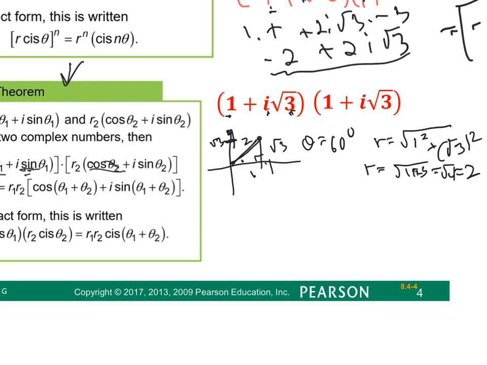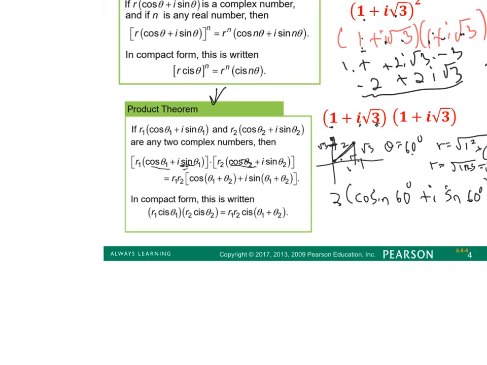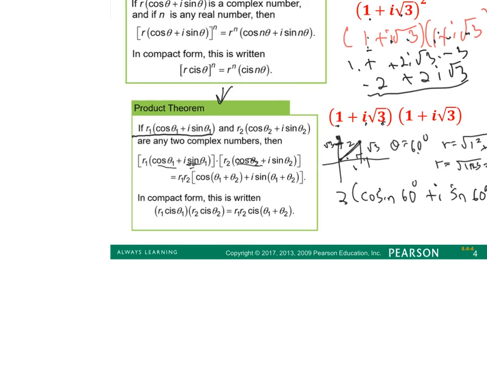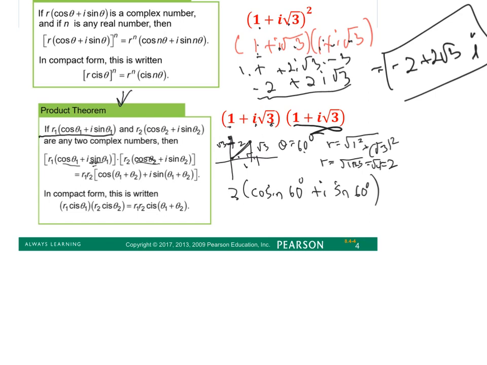My r is 2 times cosine of 60 degrees, and we should be doing radians as often as we can, plus an i sine of 60 degrees. So there's the number he's talking about right here, okay? And if we were going to take this same number times itself, in other words, I'm going to square it.